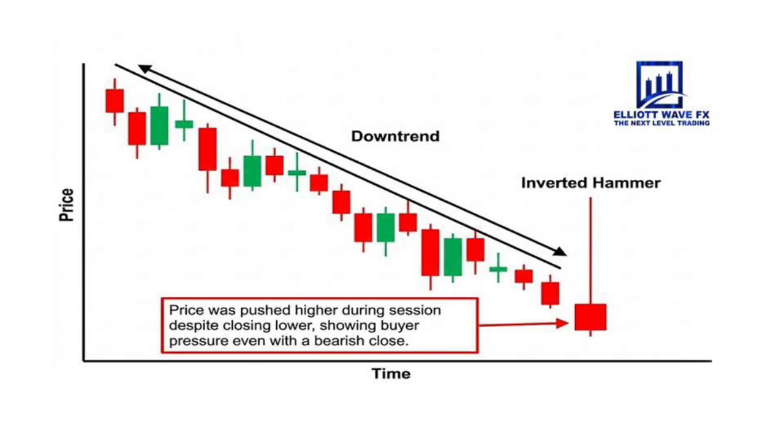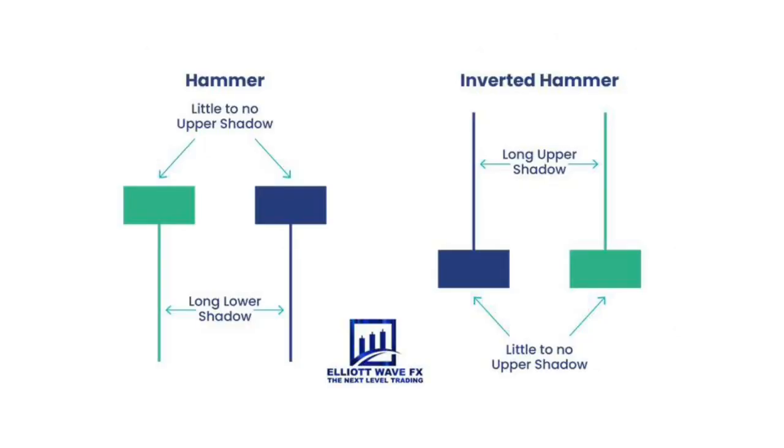Volume confluence. Increasing volume alongside the hammer strengthens the signal, shows active buyer participation at a critical level. Stronger setup. The combination of support plus hammer improves trade probability, helps filter some weak or false signals.